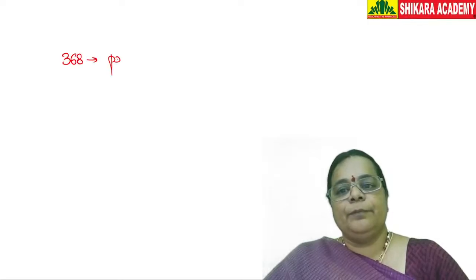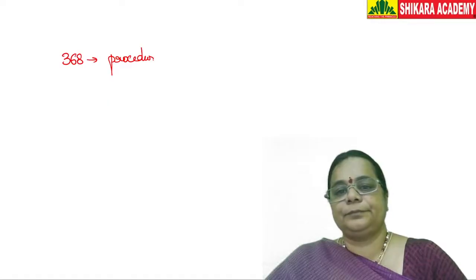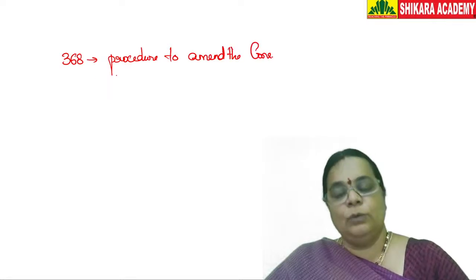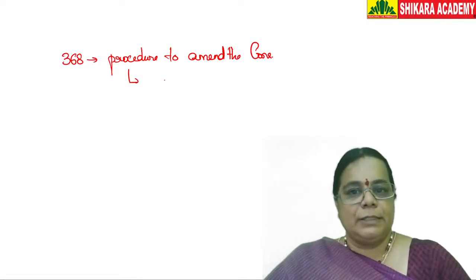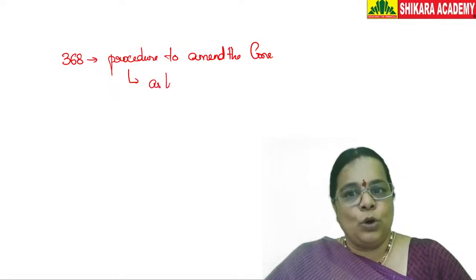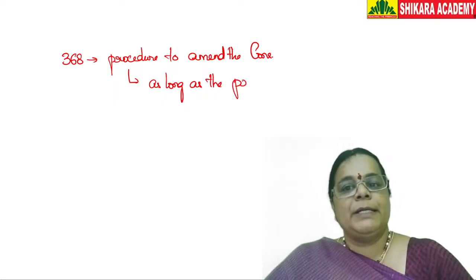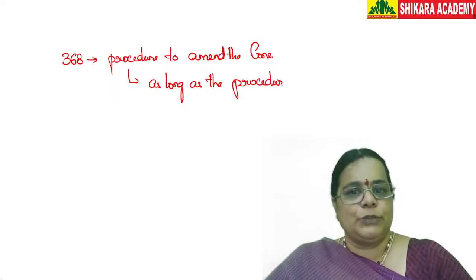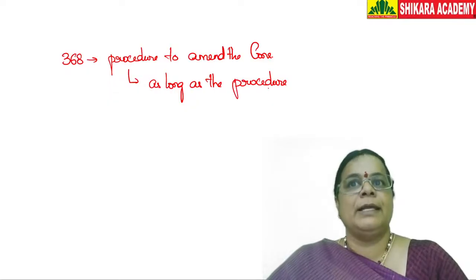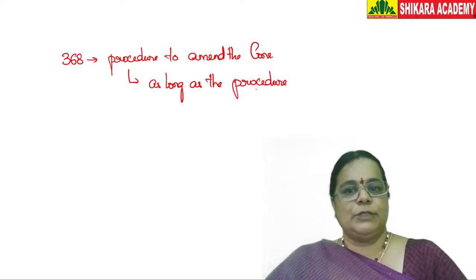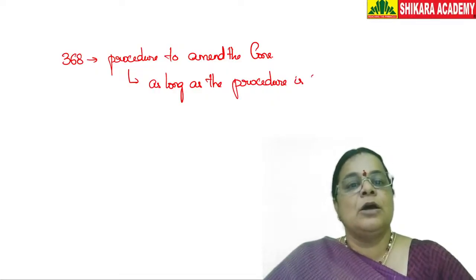See, Article 368 gives you the procedure to amend the constitution. In the procedure, it clearly says as long as the procedure is followed, Parliament can modify, insert, repeal, add anything in the constitution.